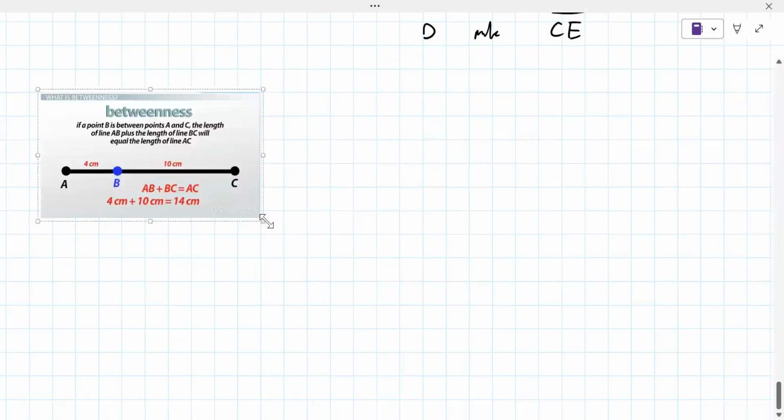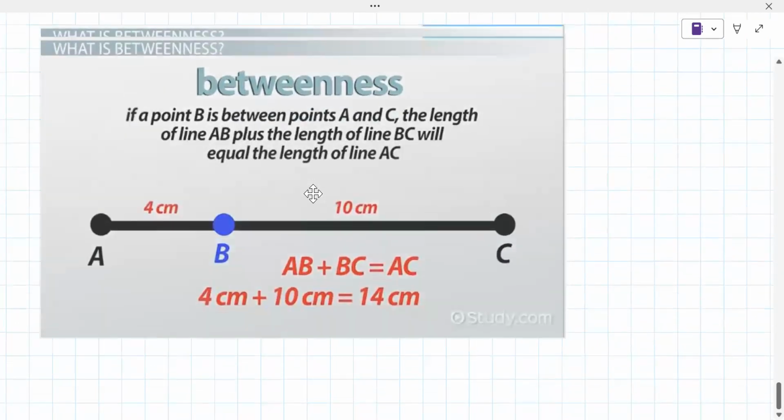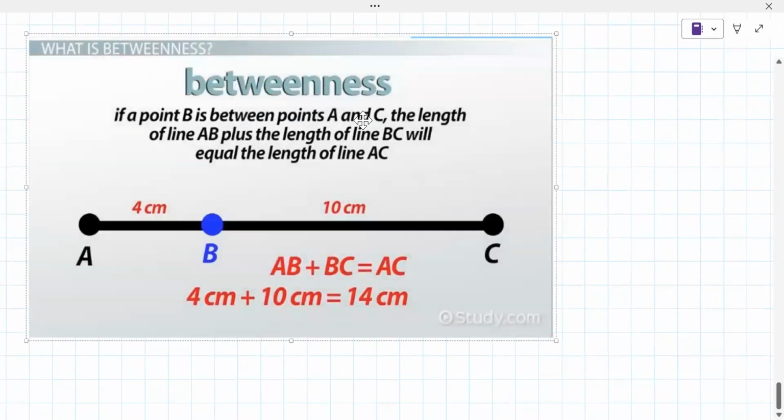Yeah, I've got a picture here that I think could help. This is not my work; this is from the internet. If a point B is between points A and C, the length of AB plus the length of BC will equal the length of AC if they are collinear.